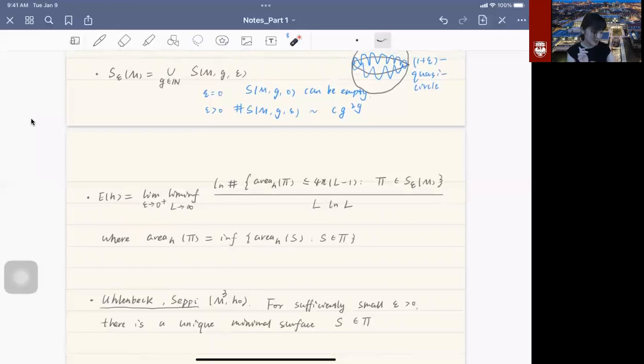We are going to say that the numerator, the number of minimal surfaces whose area is bounded by 4 pi (L minus 1), is comparable to a multiple of L to the power 2L. So after taking the natural log and dividing by L natural log L, and taking the limit as L goes to infinity, we can say that for the hyperbolic case, the entropy of the hyperbolic metric is equal to 2. We are going to say the proof later.